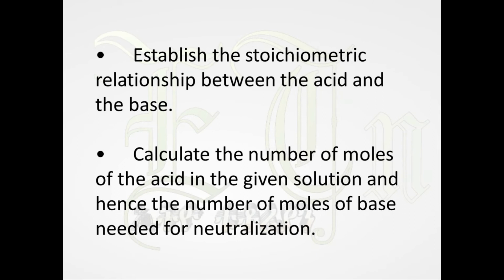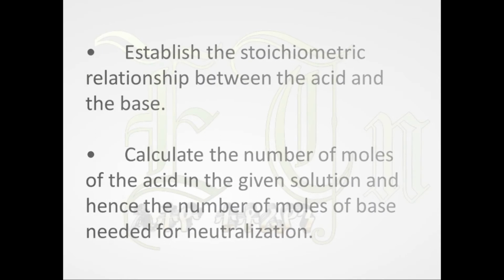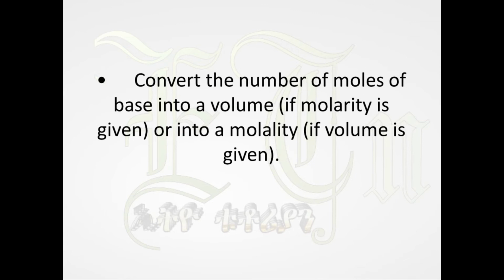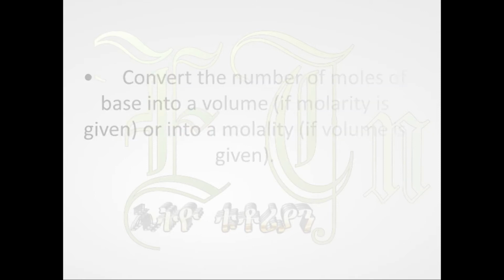Establish the stoichiometric relationship between the acid and the base. Calculate the number of moles of the acid in the given solution, and hence the number of moles of base needed for neutralization. Convert the number of moles of base into a volume, if molarity is given, or into a molarity, if volume is given.